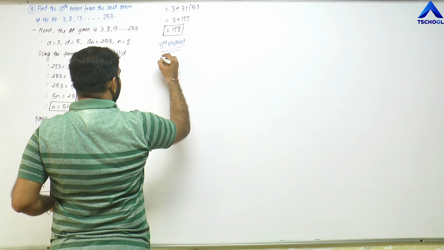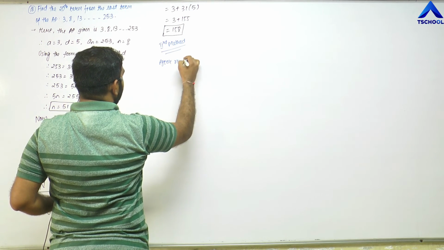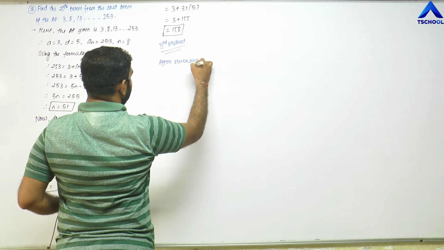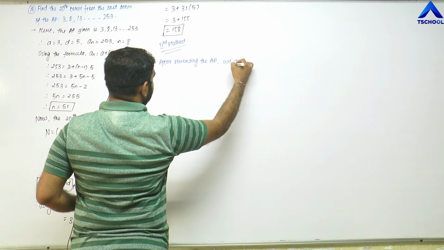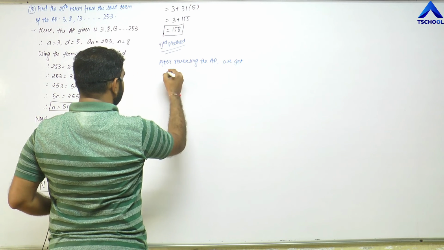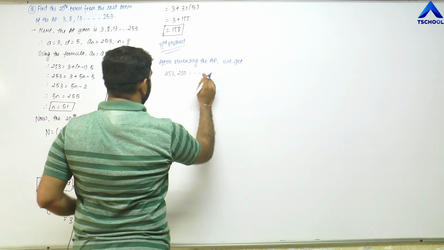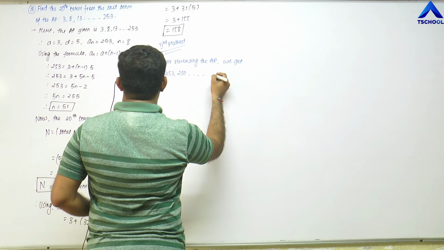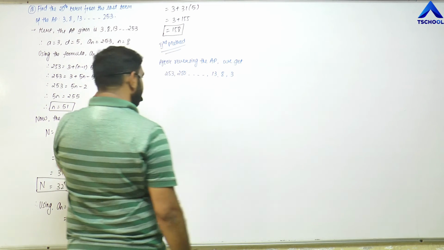So after reversing the AP, we get 253, 250 and so on up to 13, 8 and 3, right?